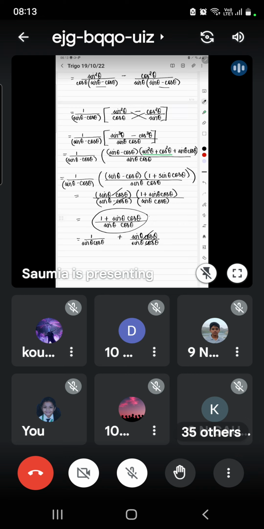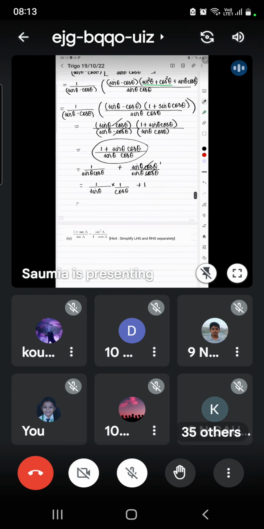So this will get cancelled and become 1, and I will have 1 upon sine theta into 1 upon cos theta plus 1. Now what is 1 upon sine theta? Cosec theta into sec theta plus 1. Is that the RHS? Yes or no?